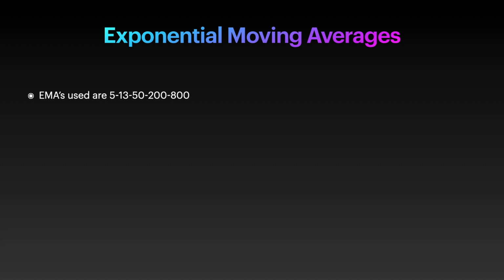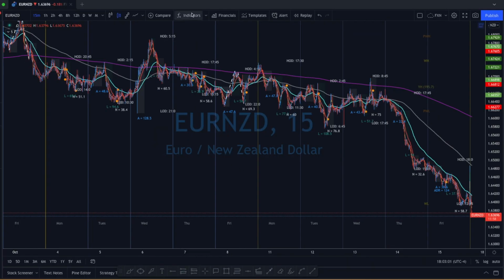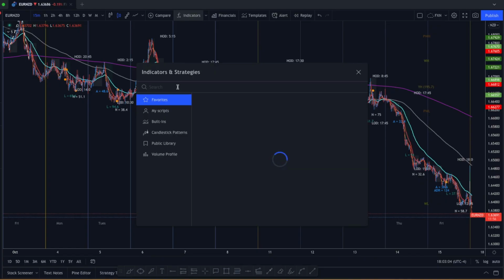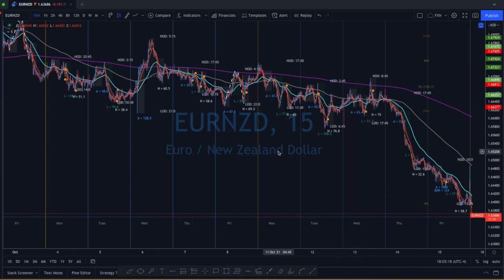Now, I'm going to show you how to do that real quick, just to make sure that if you haven't had them on your charts, that you know how to do it. All right, so if you're on TradingView, all you have to do is go up to the indicators and just type in FXN, and you will see where it says buy and sell signals, EMA 5 and crossover. That is the one that you want to put. Okay, so go ahead and double click on it and add it to the actual indicators on your screen.